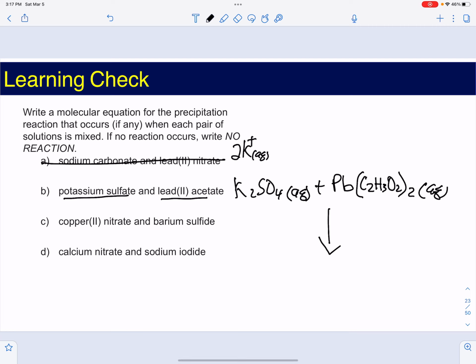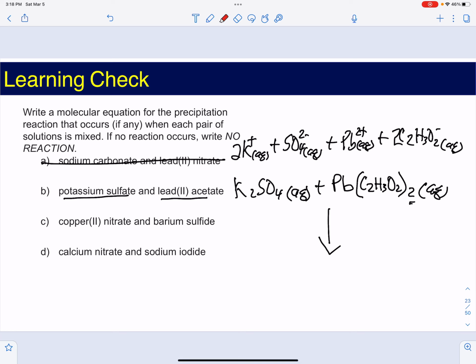You have to know your polyatomics to realize that this is a polyatomic, so you don't break it into the elements. So you got to know your polyatomics. And lead 2 acetate will break into lead 2 plus and acetate, which is going to be aqueous, and we have 2 of these, right?